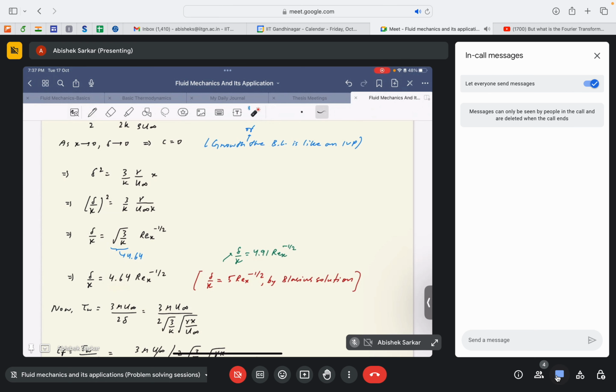For that one we had to solve Blasius's equation, a third order non-linear ODE, and apply certain numerical methods to get this coefficient.